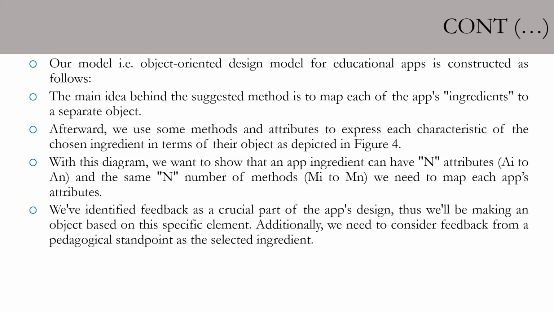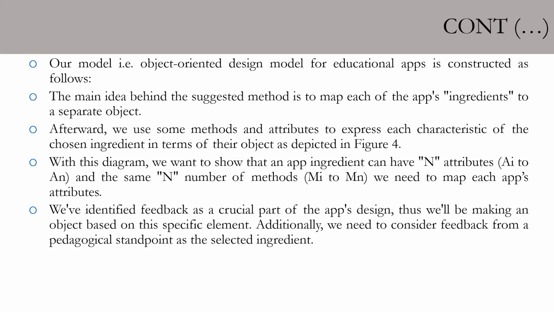With this diagram, we want to show that an app ingredient can have attributes from A1 to AN, and the same N number of methods from M1 to MN. We need to map each app attribute. We have identified feedback as a crucial part of the app's design. Thus, we will be making an object based on this specific element.